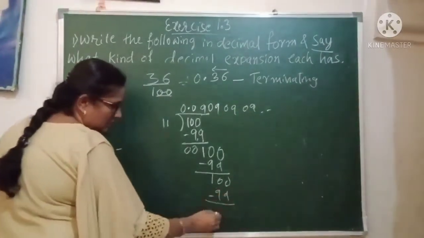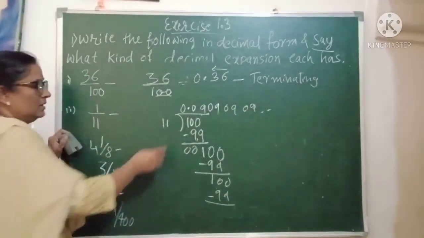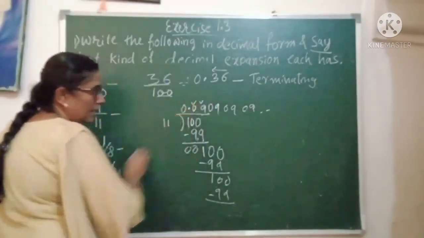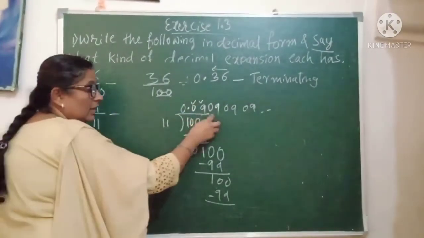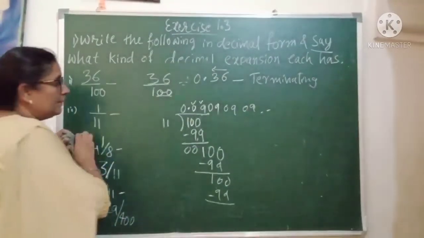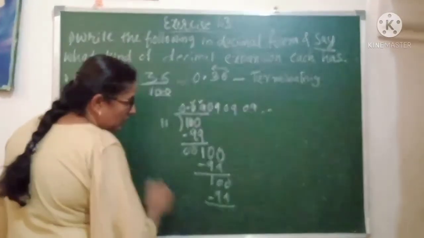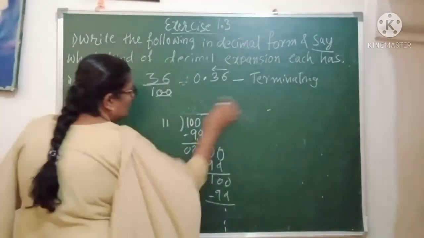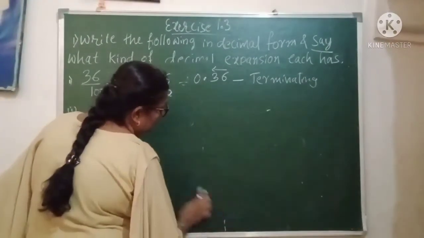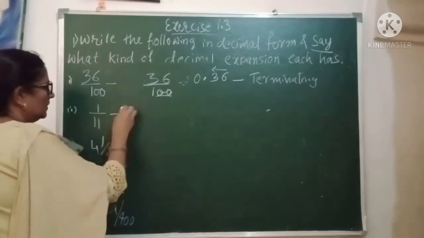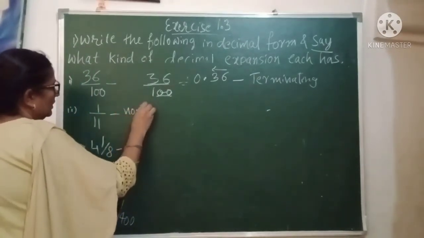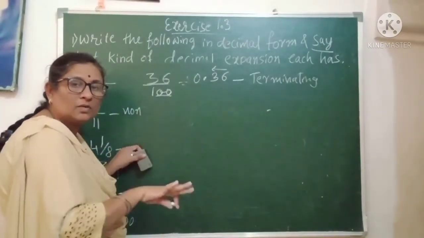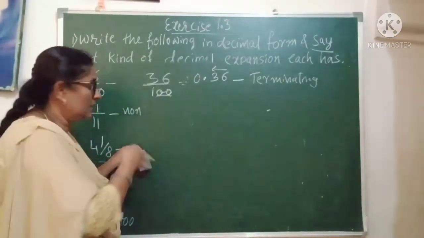Neither does it terminate. So what are you going to say here? This is repeating. What are the digits repeating? 0 and 9. So this is non-terminating because it continues, but it is repeating. Non-terminating means the remainder is not becoming 0 in this division.